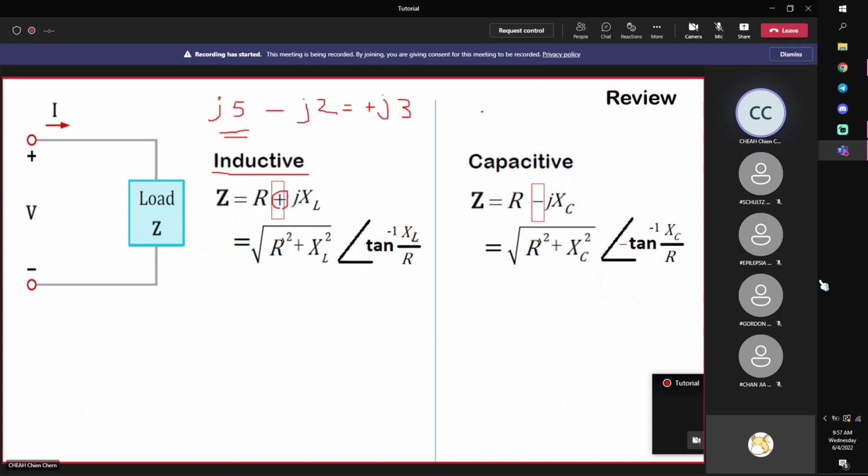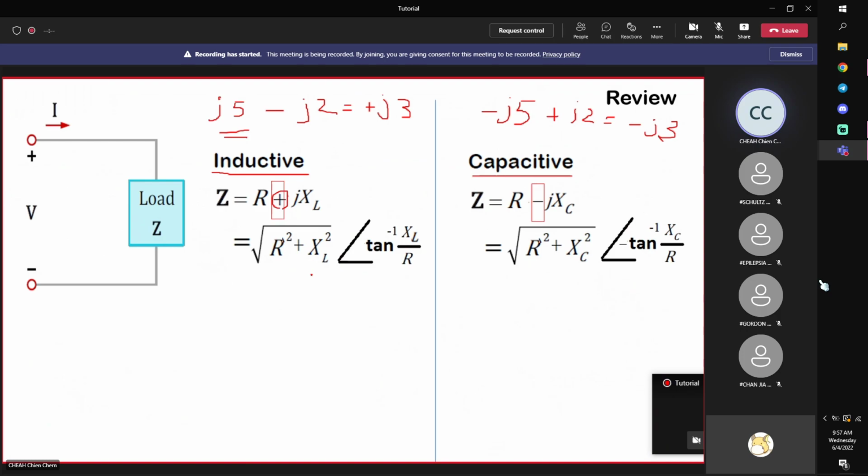For example, if I have negative j5 for a capacitance, and I connect in series with an inductor of j2, the overall will be negative j3, which means that the capacitive effect dominates. So remember, inductive or capacitive does not mean only inductor or only capacitor. It just means that the equivalent load has positive or negative reactance.